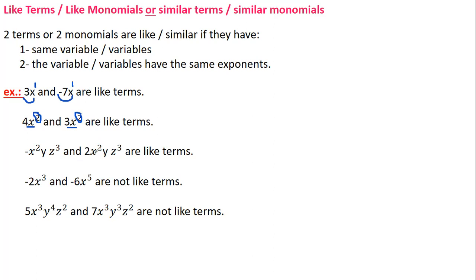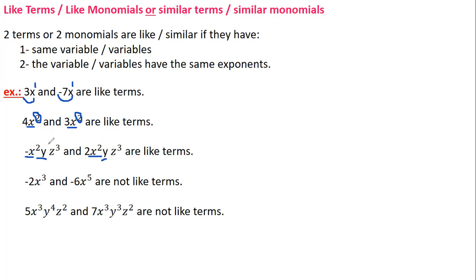Let me move on. Minus x squared yz cubed, 2x squared yz cubed. To see if they are like or similar, I look at the variable in the first one. Here I have x and here I have x. Now, the exponent of x in the first one is 2. The exponent of x is 2. I continue. Here I have y, and in the second one, here I have y.